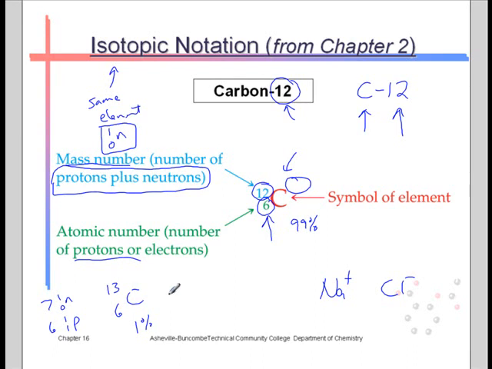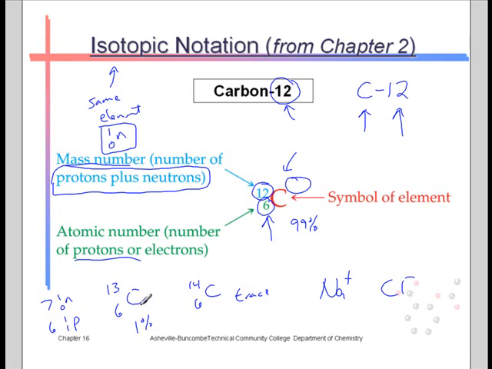Now, I sort of hesitated when I started going into the naturally occurring isotopes of carbon. There's another one, carbon-14, but it's in a very trace amount, and sometimes you don't see it referenced when they talk about the naturally occurring isotopes of carbon.